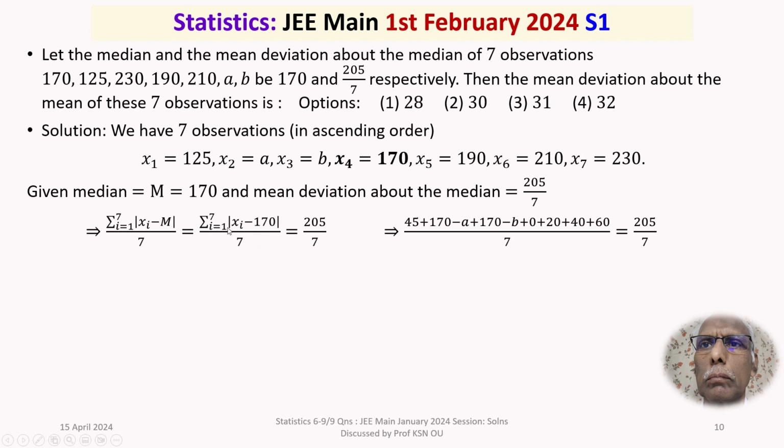So that will be |xi minus 170|, modulus is there.